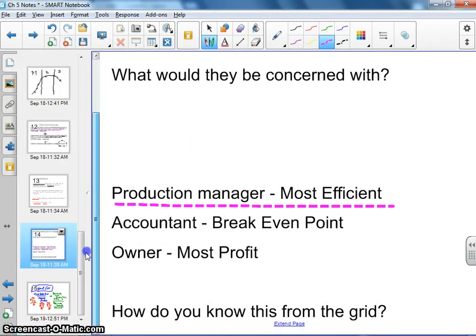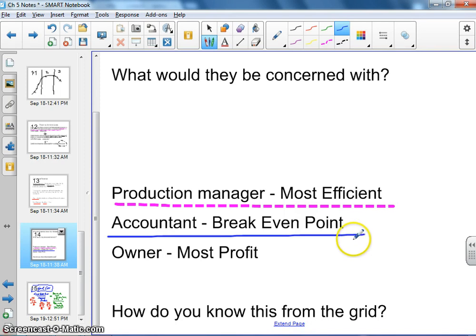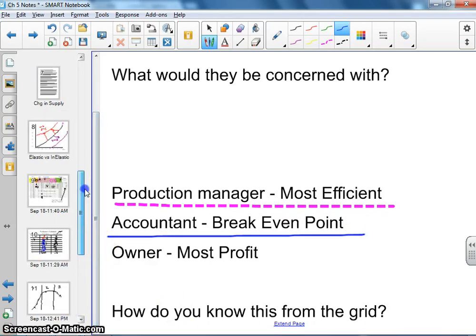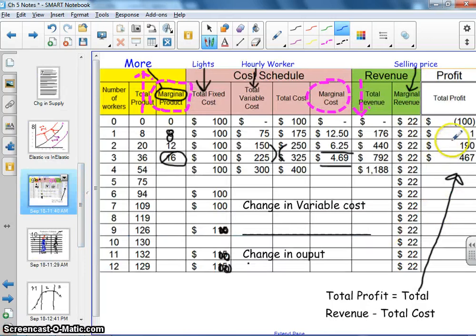A second person who would possibly want to look at this information is your accountant, who's going to want to break even. You're going to want to have at least enough revenue to cover your costs. As we look at that example, where would we find that? We would look for total profit being something larger than a negative number. In this example, we have $176 coming in revenue, $175 in expenses.